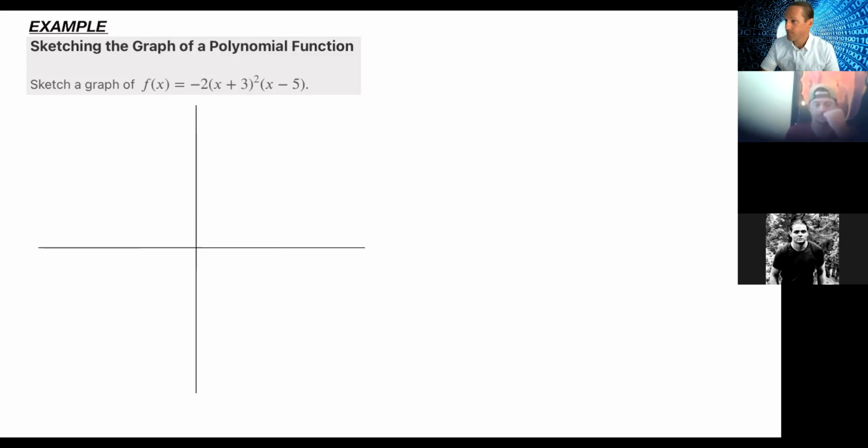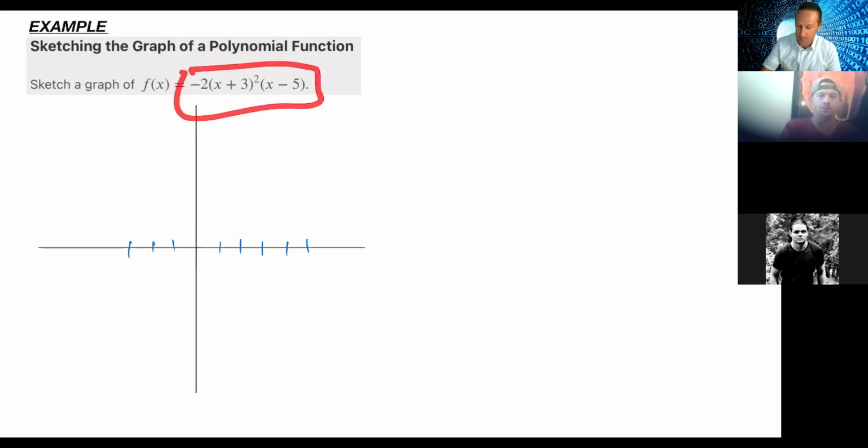It bounces at the x-intercept -3, and then it crosses at 5. Good. Those zeros or x-intercepts that I was just given are very easy to find when it's already what for you? Factored out. Very good. I like it when it's already factored out because they've done all the work.